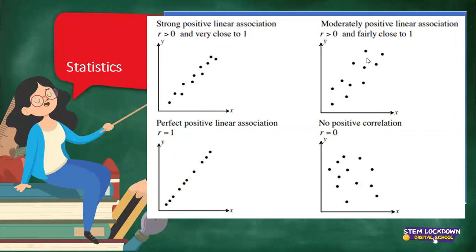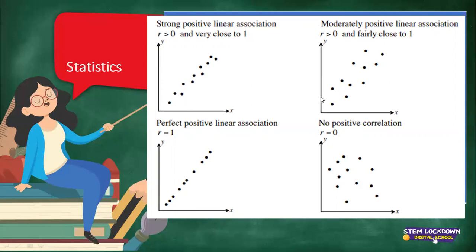Okay, and then if we have a scatter plot and you have your points like this, by giving it a critical look, this is also a positive relationship, although it is a bit scattered when compared to the first one.